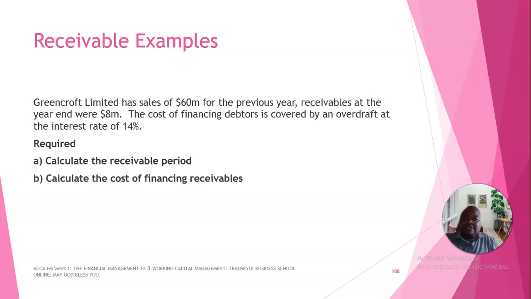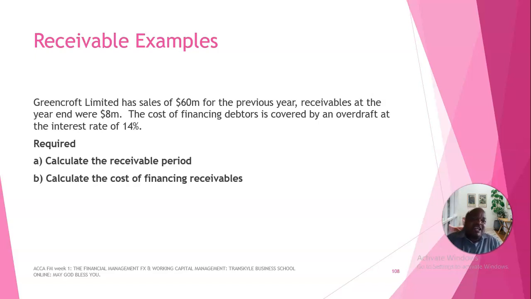Let's do this particular example relating to Greencroft. Okay, we need to do this particular example. Greencroft Limited has sales of 60 million for the previous year. Receivables at the year end were 8 million.